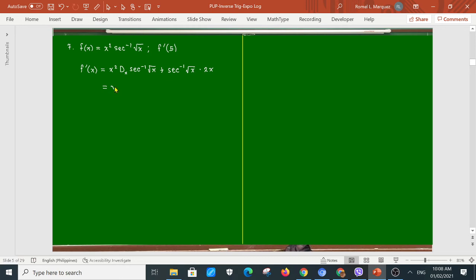So let me get the derivative of inverse secant of square root of x. That is 1 over square root of x, then square root of square x minus 1, times the derivative of that, 1 over 2 square root of x.